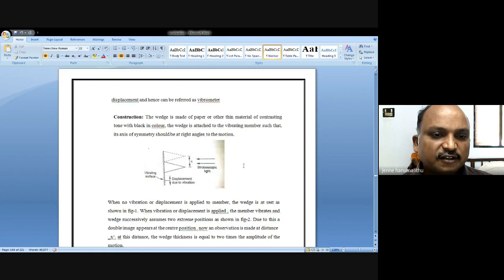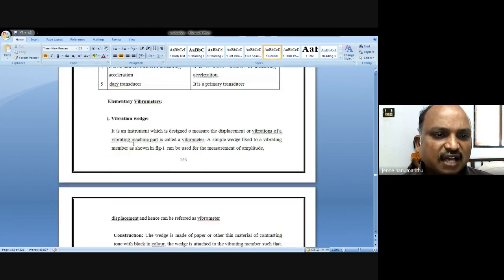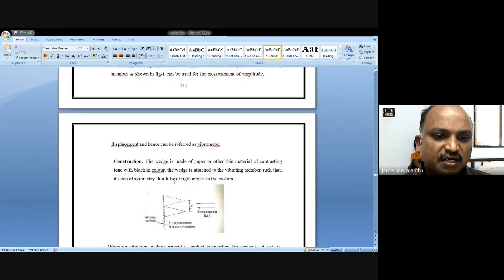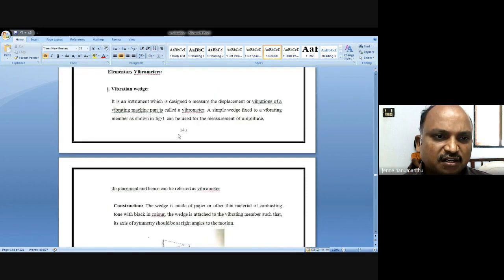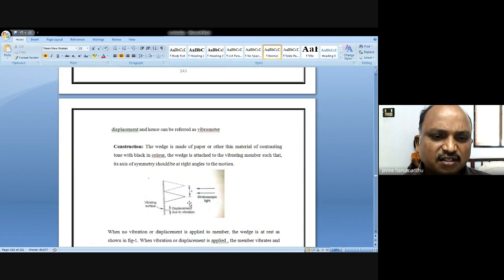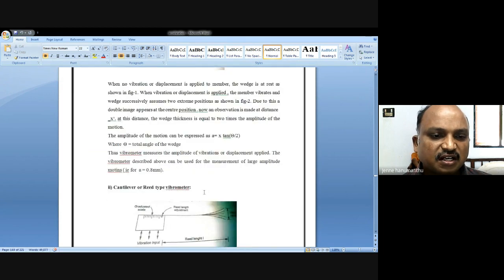Here, how vibration is going to be measured, a small picture is provided for measuring vibration. If this body is vibrating or having any rotations, by applying some stroboscopic lights, you can easily measure it. That's what we saw in yesterday's class.